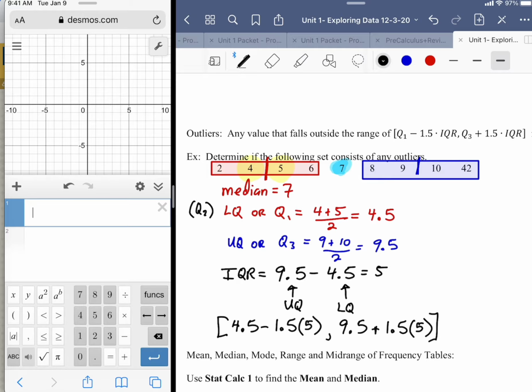So 4.5 minus 7.5 is negative 3. Then 9.5 plus 7.5 would be 17.